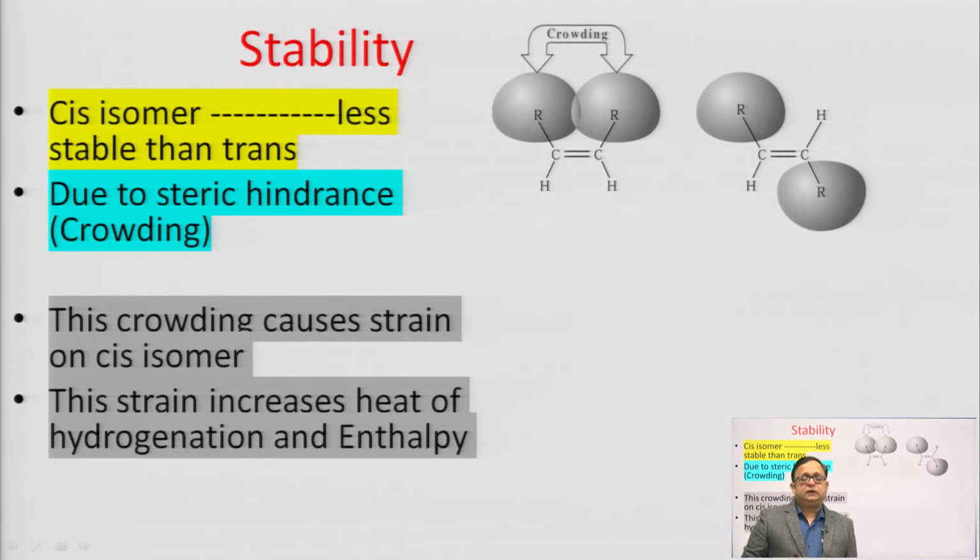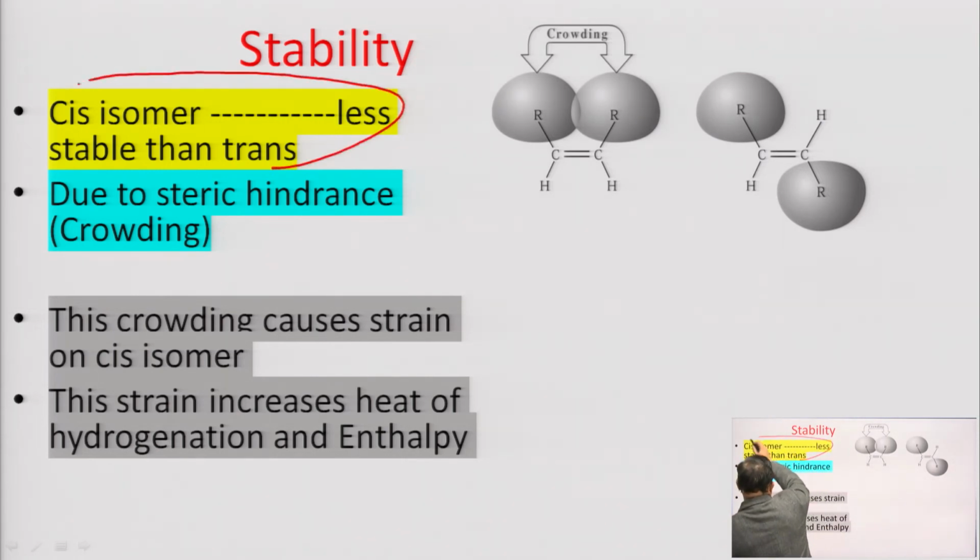The next property that we can use to distinguish the configuration is stability. Now, let us see what the general statement is. The general statement is that cis isomers are less stable than trans. So, first remember this general statement, cis isomers are less stable than trans.